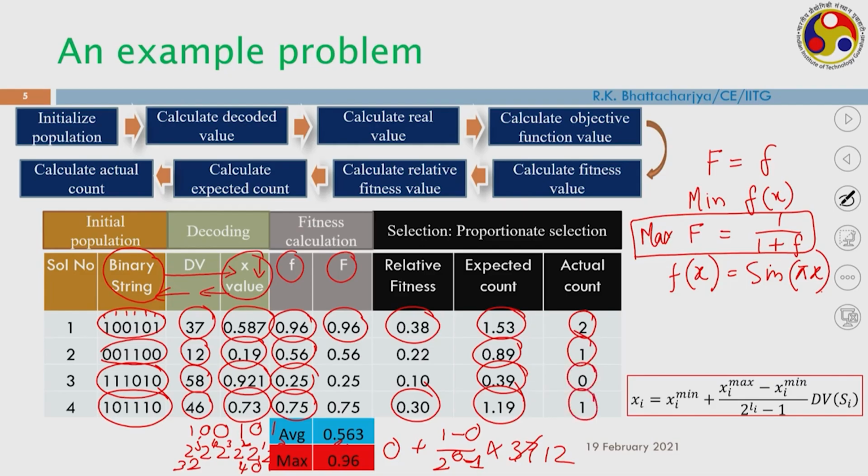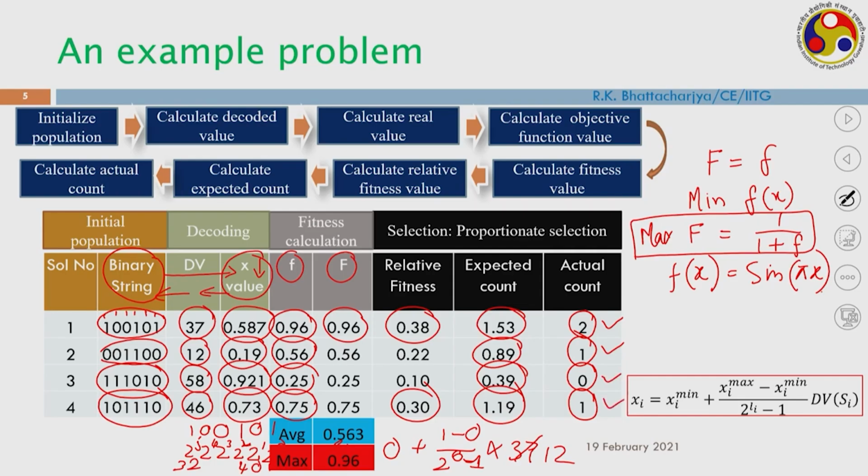So, the first solution, the best solution, will have 2 copies, the second one will have 1 copy, the third one is the worst solution so it will have 0 copies, and the fourth one will have 1 copy.